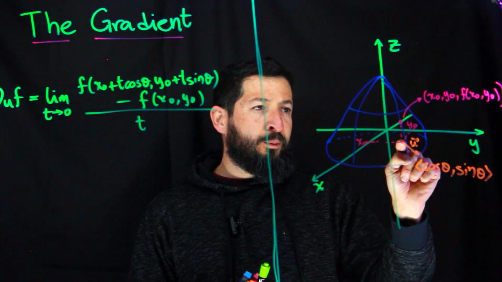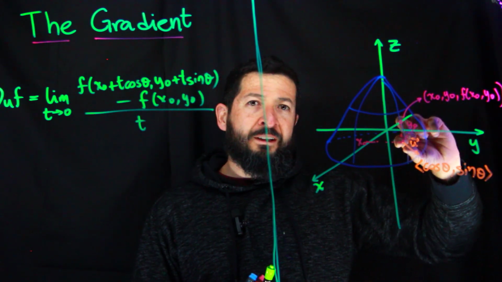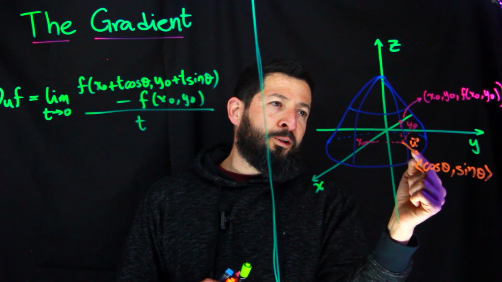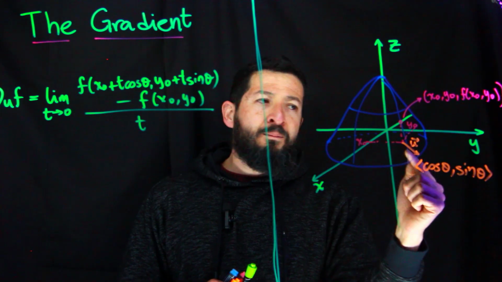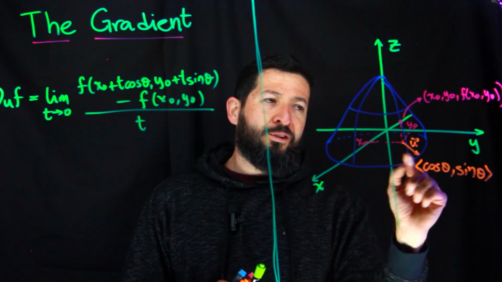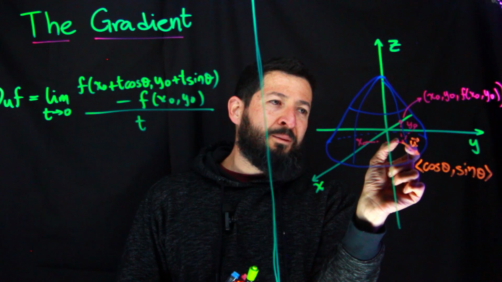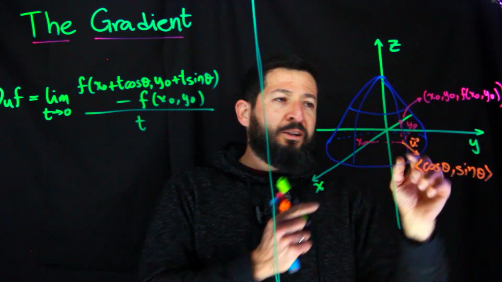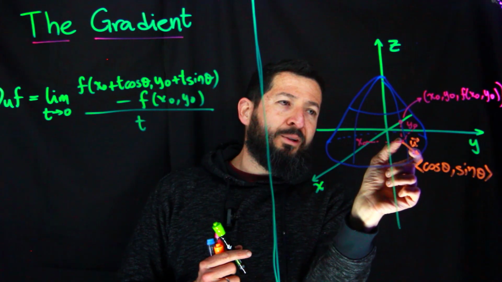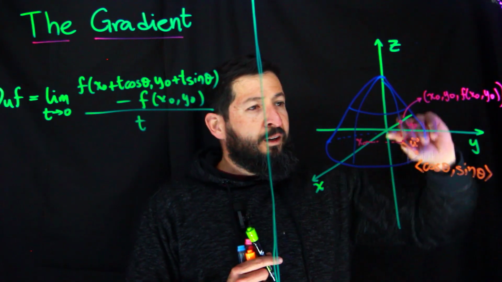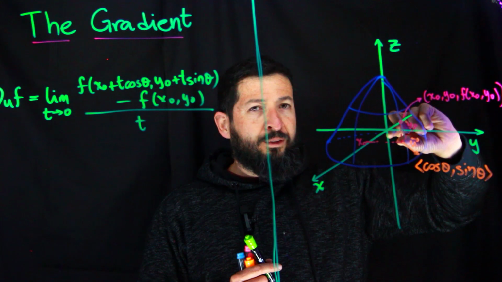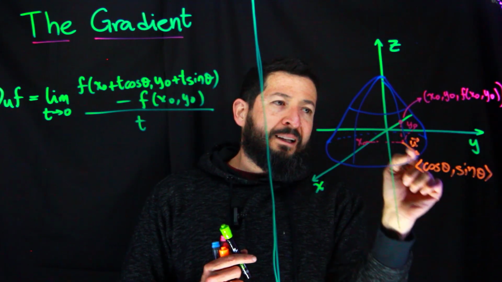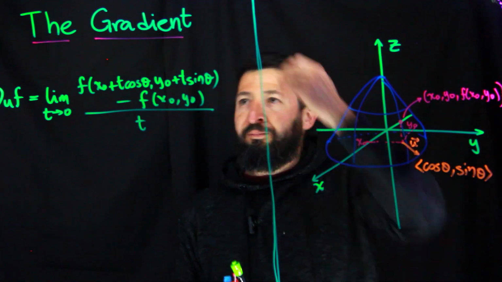So you're moving from here t units in the direction of u. So whenever you take your limit, you're going to be going towards the point x naught, y naught, but in the direction of u. You're getting closer and closer, but you don't care what happens if you go in all the directions. You're only caring about what happens when you go in the direction of u, and of course also from the other side of u, plus minus.